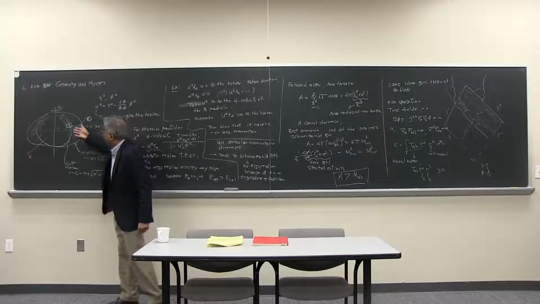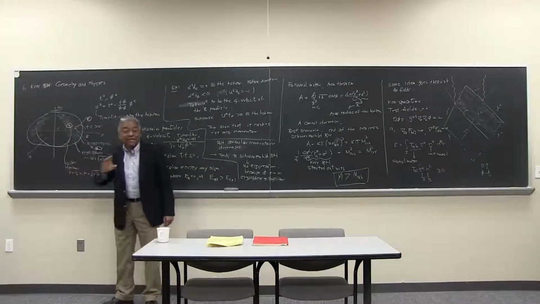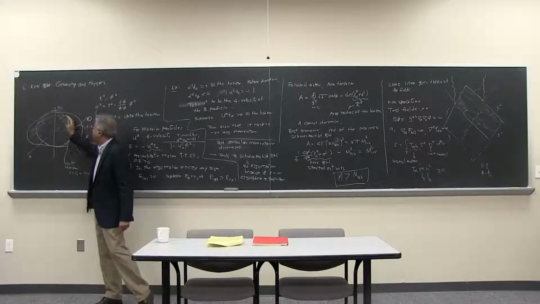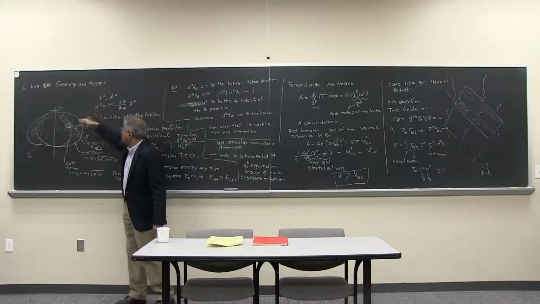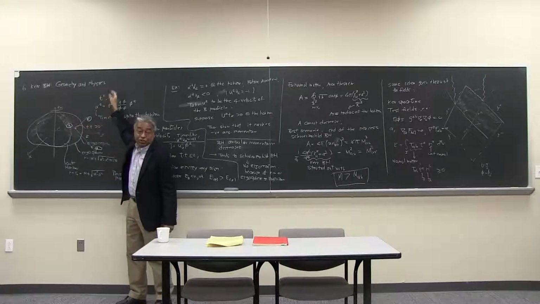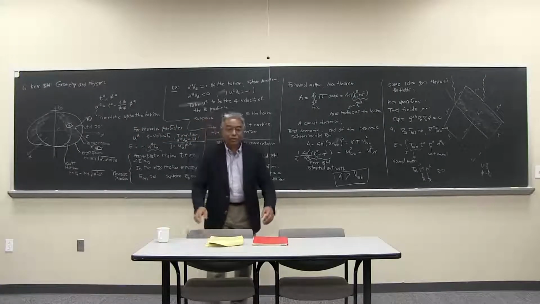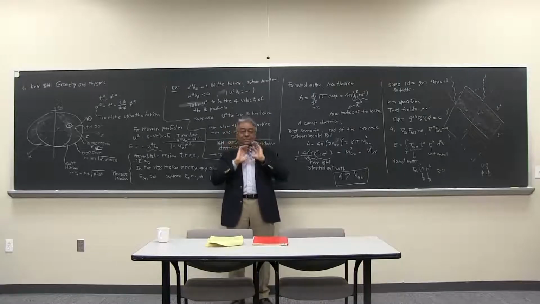Some of them can fall in, and those which fall in with negative angular momentum across the horizon, where the flux of angular momentum across the horizon is negative, will come out with greater energy at infinity. So again, it's a scattering problem in which there is a black hole, like this camera is a black hole, and we're sending some waves.